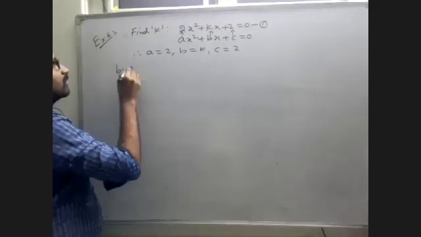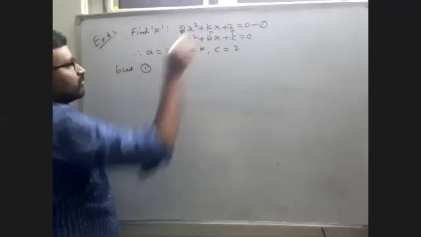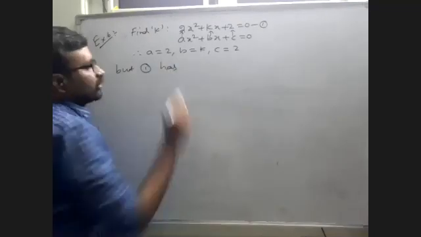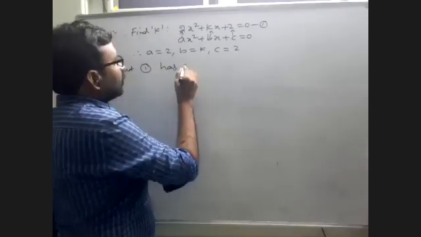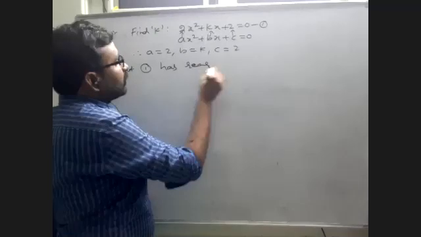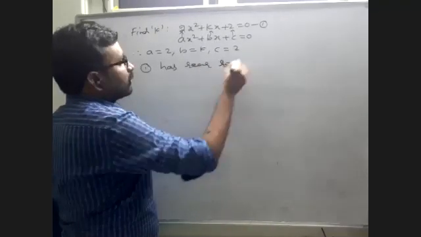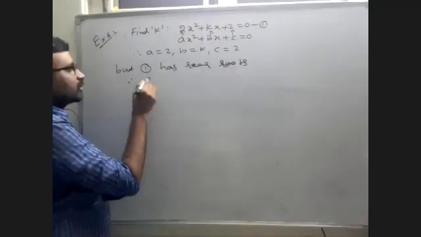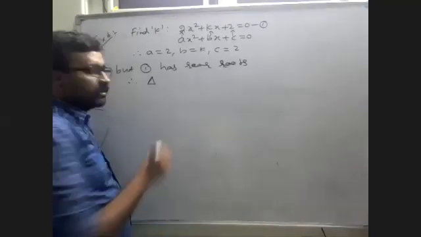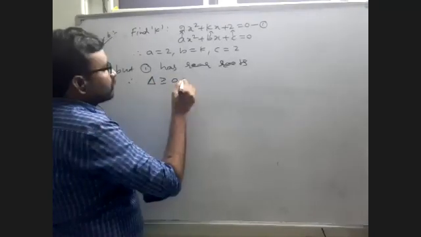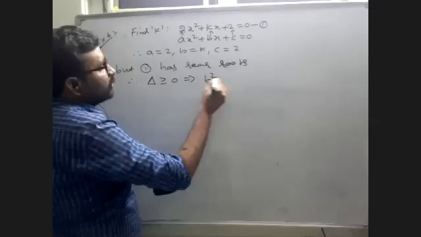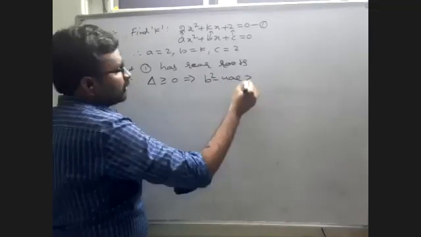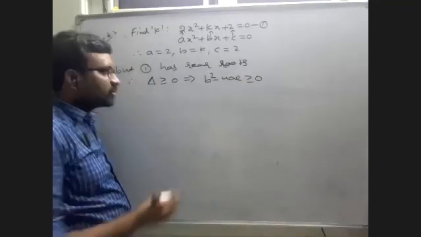But equation 1 has real roots. Therefore delta, or D, is greater than or equal to 0. That implies b square minus 4ac is greater than or equal to 0.